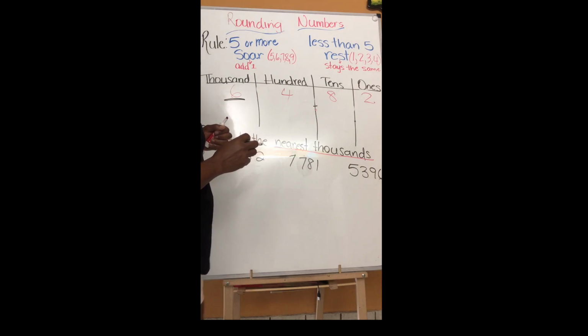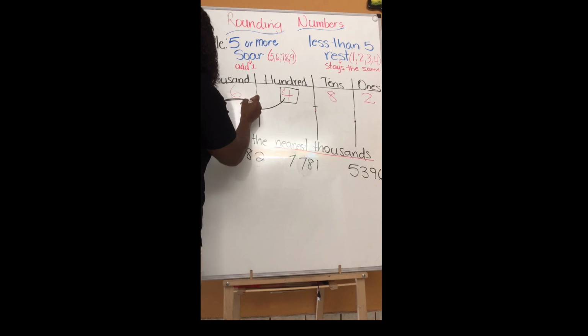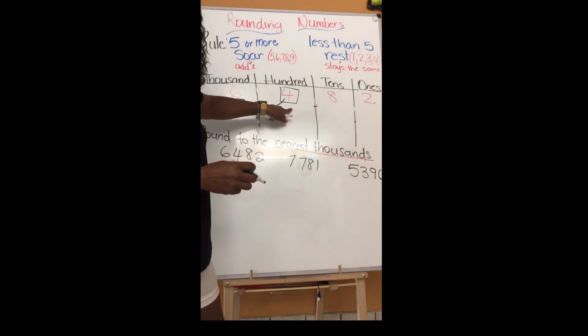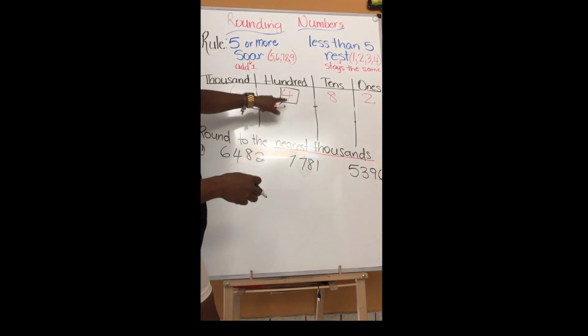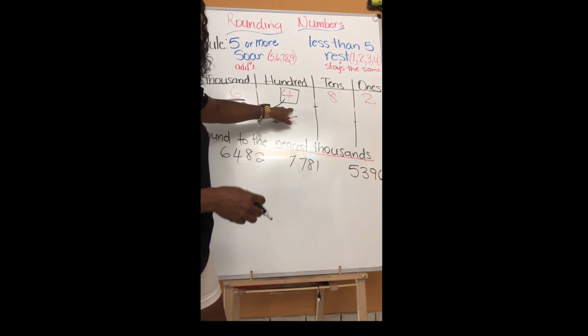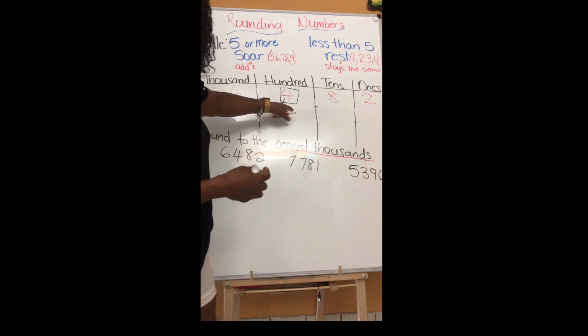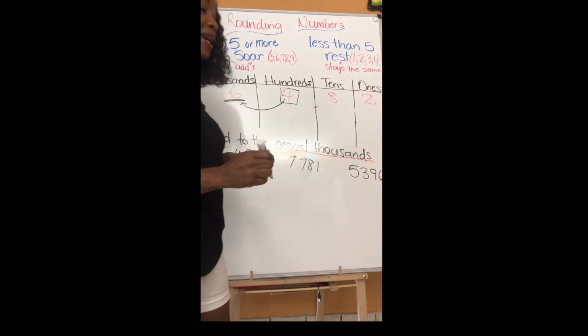Then I'm boxing the boss. The boss will tell the 6 what to do. Notice the boss is in the hundreds place now because we're looking at the thousands place. So the boss keeps coming over. So once we're looking at the thousands place, the boss is going to be the nearest neighbor to the right, which is the hundreds place.